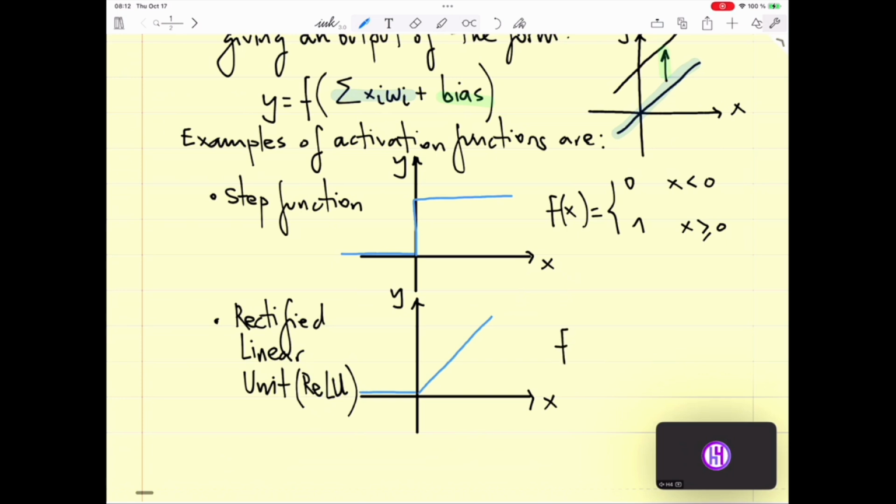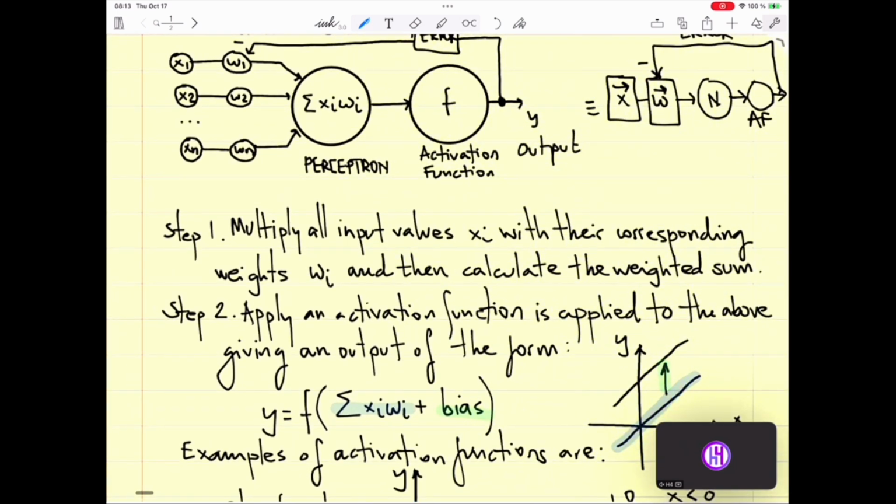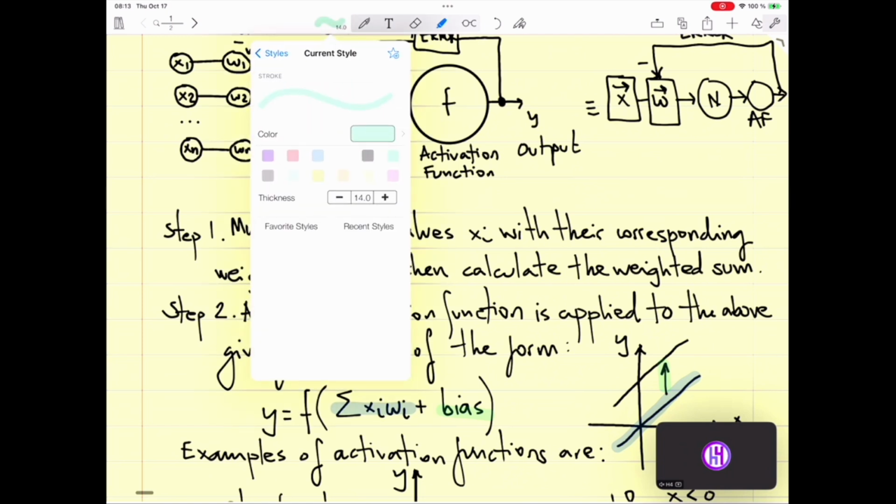So f of x is 0 for x smaller than 0 and x for x bigger than 0. This very simple function helps us very well. It can be computed very easily, and it's super effective for our purpose.